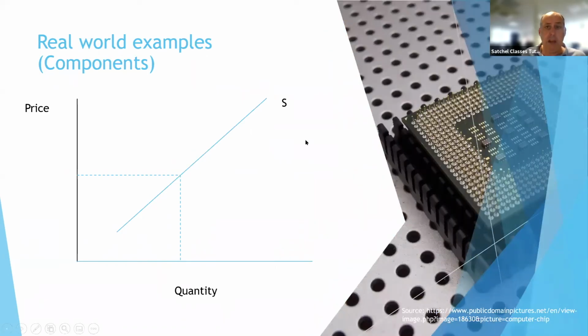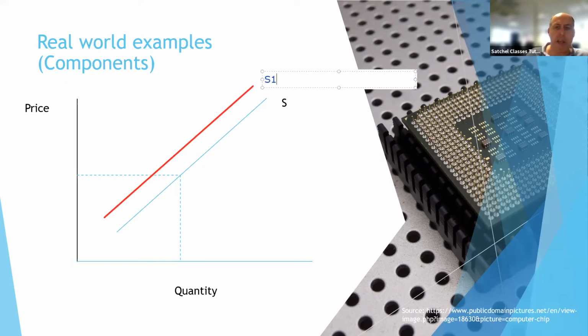Components, again, another example from this year: the car manufacturers had real trouble getting computer chips. There's a computer chip shortage. And so their supply of cars has had to be reduced, although their costs have been exactly the same, because they simply cannot get hold of computer chips to put into the cars to control the functions of the car.